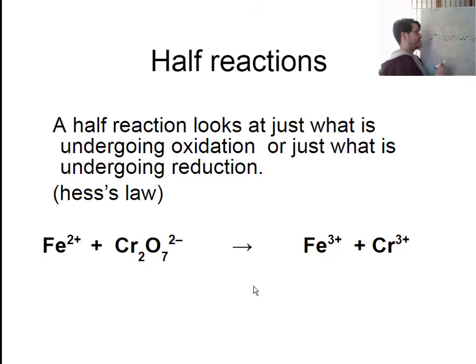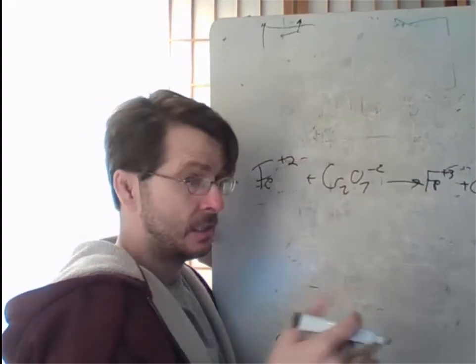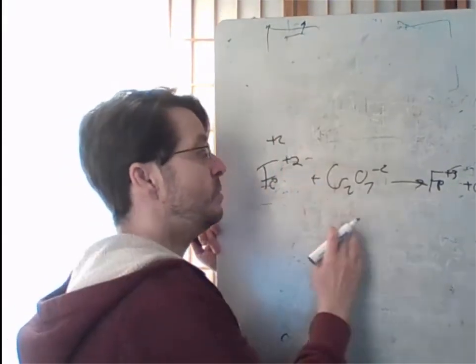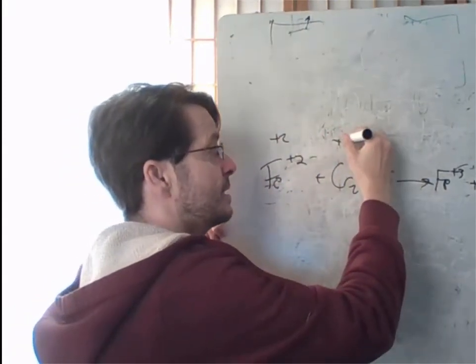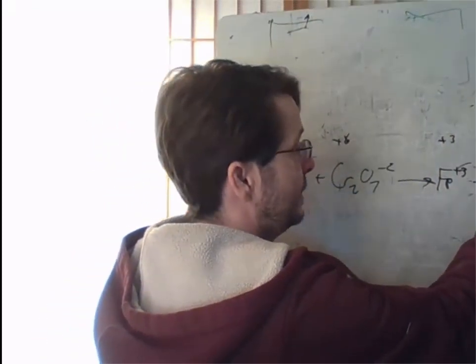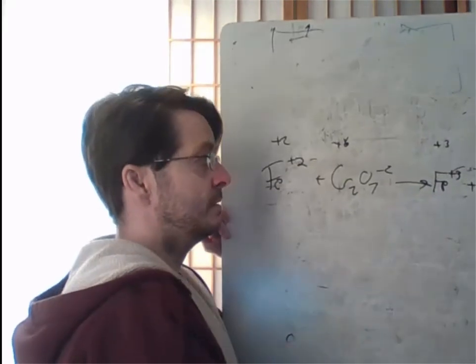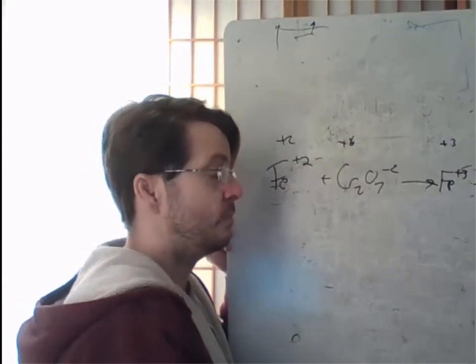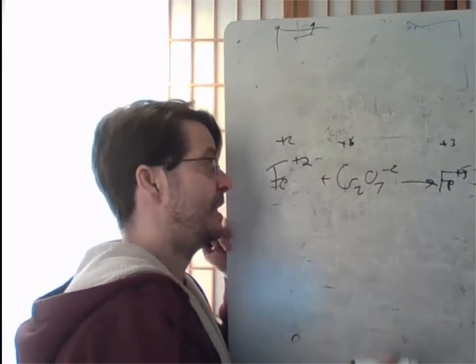So let's take a look at our reaction. If we identify the oxidation numbers, again, first step, start with the oxidation numbers. This one is easy, +2. This one's a little harder, +6. This one is +3, and the +3. Right. Now, let's look at what element is changing.